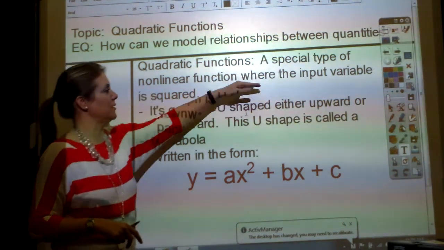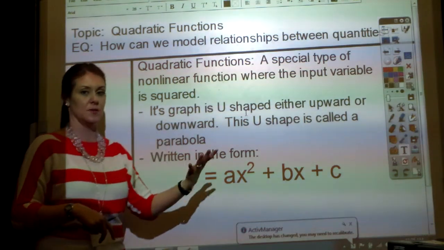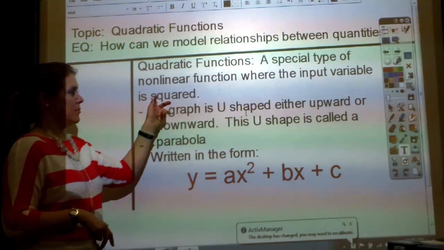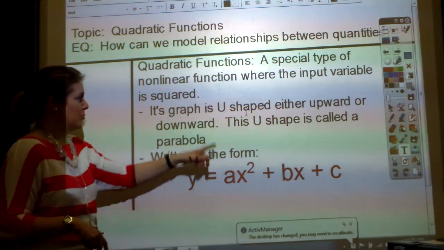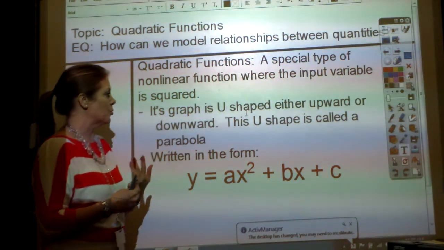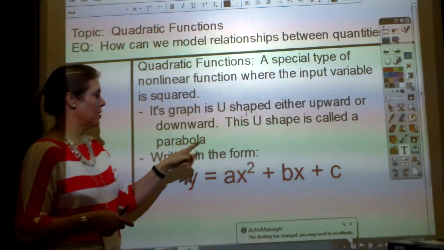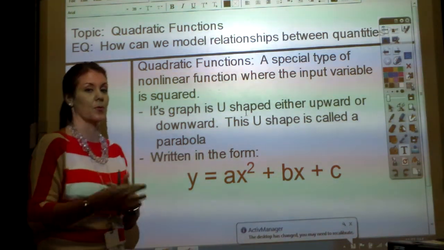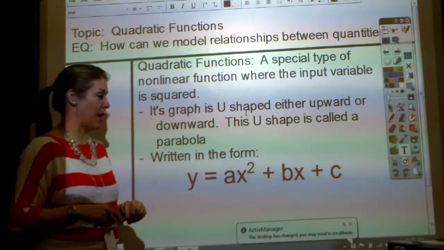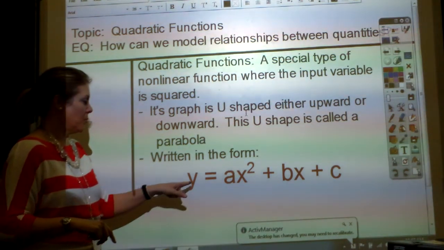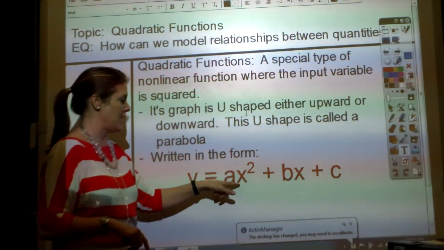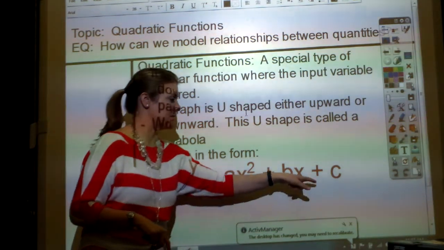It's a function where the input variable, which we typically think of as the x, is going to be squared. The graph of a quadratic function will be U-shaped, either going upward or downward, and this U shape is called a parabola. So when I refer to the parabola, I'm talking about that U-shaped graph. A quadratic function is written in the form y equals ax squared plus bx plus c.